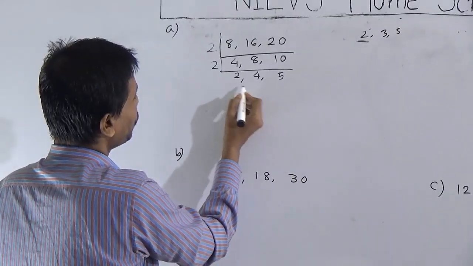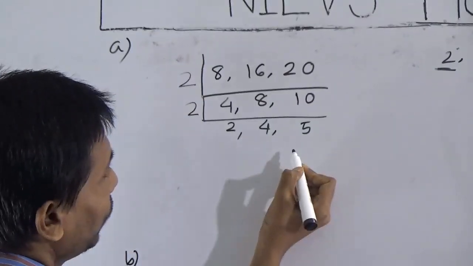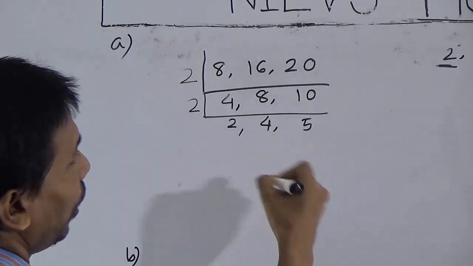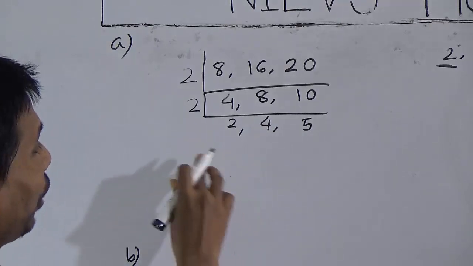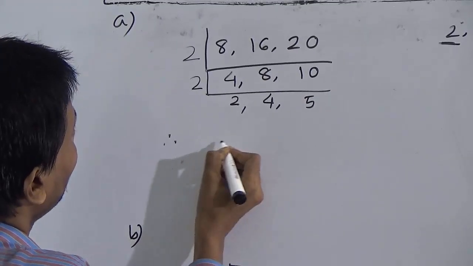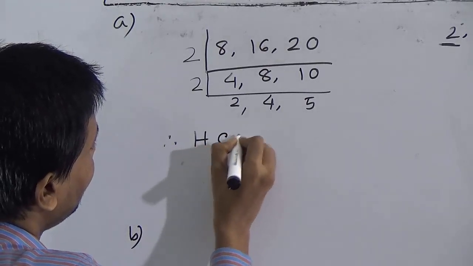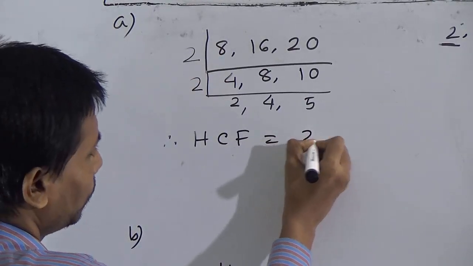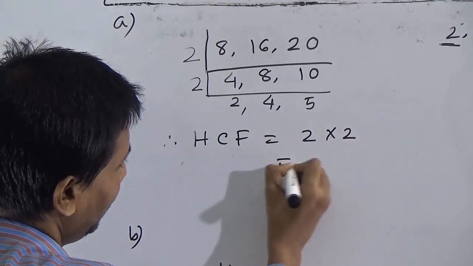There is no number, 2 or 3 or 5, that divides all of these, so we cannot proceed again. Therefore write: HCF is 2 times 2, that means 4.